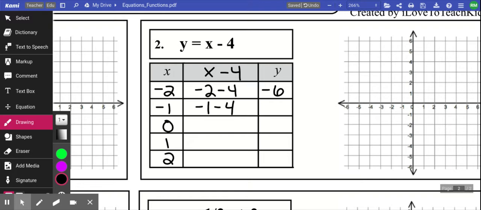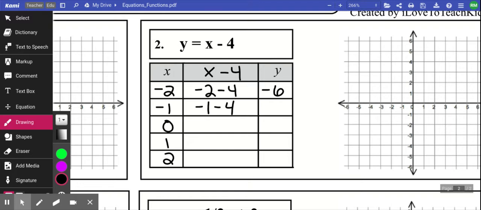Continue on, fill out the rest of that chart. We're on example number 2. And then go ahead and plot the points if you got it. Try it up at the first page again. The second one. What do you want for x?